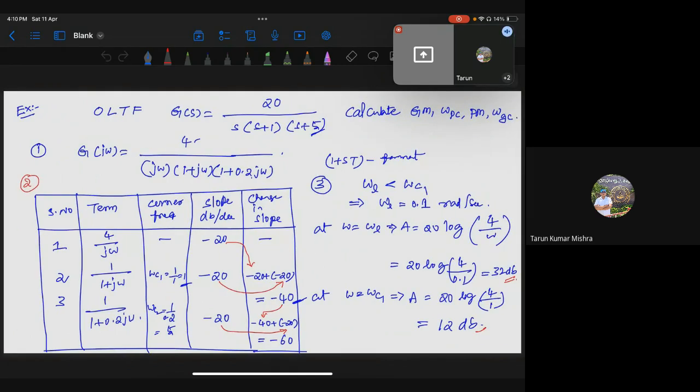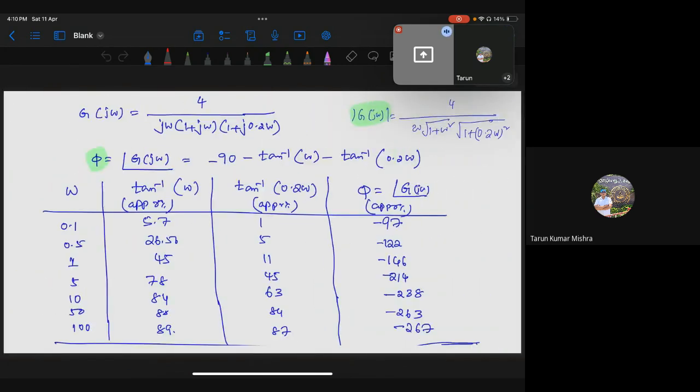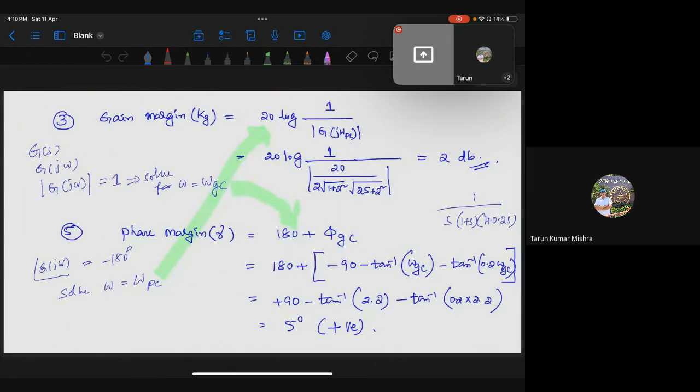I think this is also a similar problem. This is how you do the gain crossover frequency. You equate this to 1 and solve for omega, which is omega GC. Similarly, you equate this one to minus 180 and solve for omega PC.